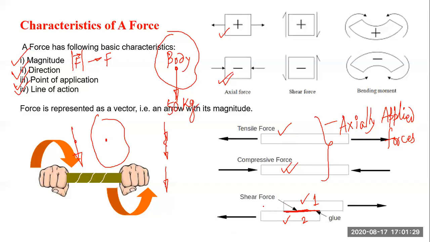Now I have applied a pull, say force P. What will happen? The upper metal bar 1 will try to shift to the right side, and the lower bar will try to shift to the left side.